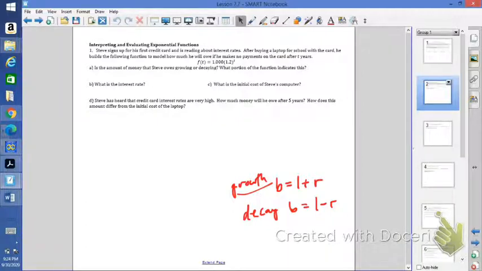Alright, so we're looking at our b. Our b is greater than 1, so therefore the interest is growing.